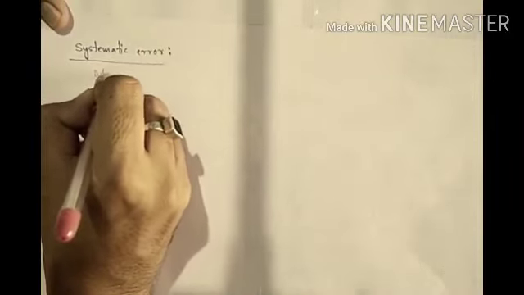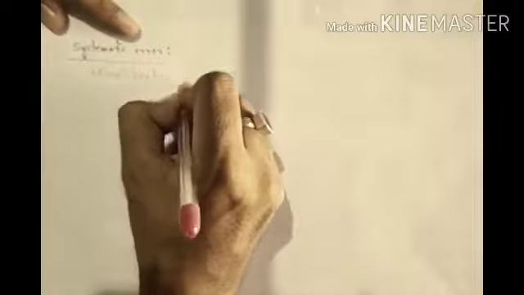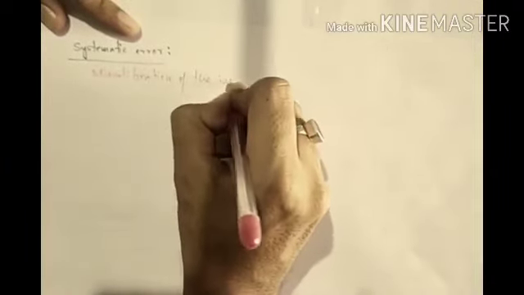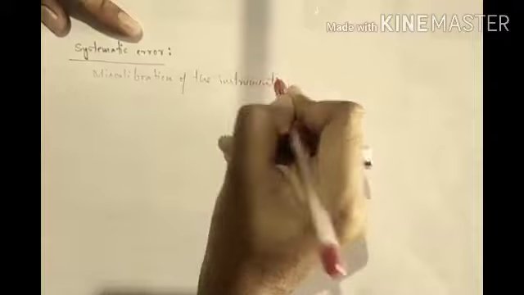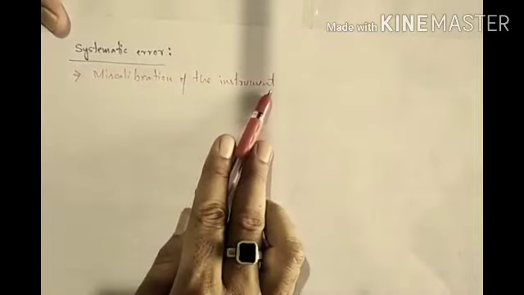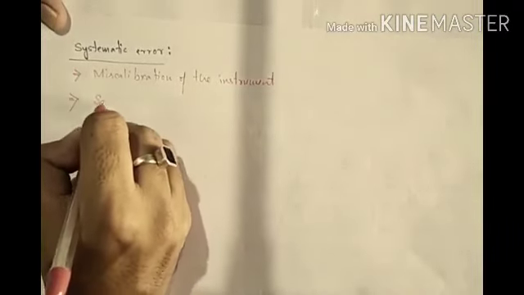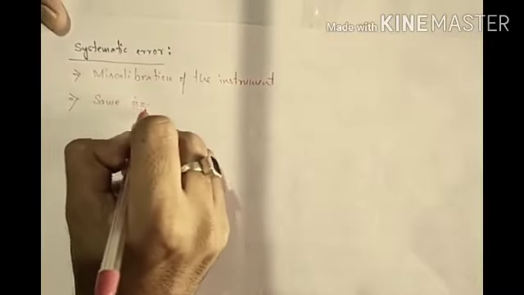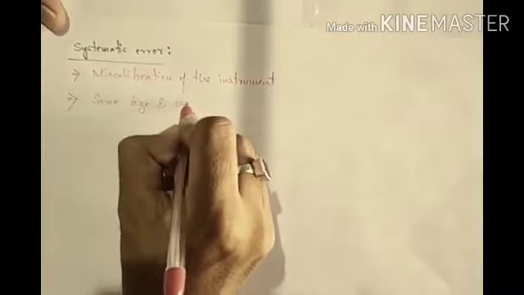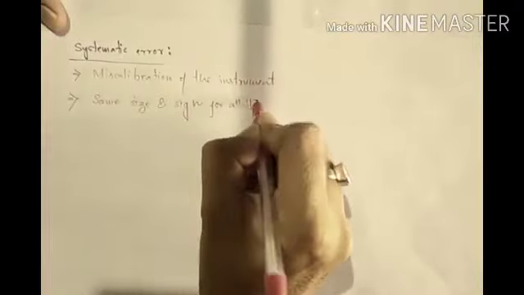It arises because of miscalibration of the device or the instrument with the help of which you are measuring. Second point is that systematic errors have the same size and sign for all its measurements.